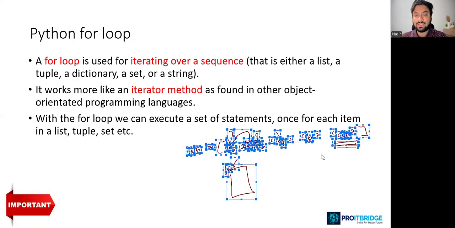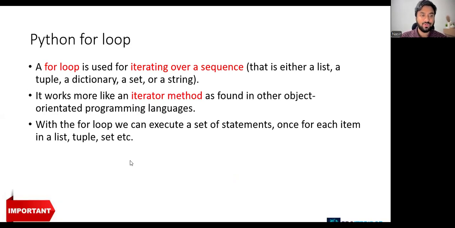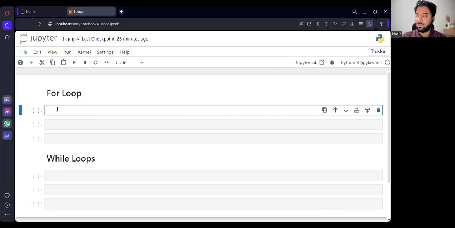Okay. So let's understand this by taking one simple example. Let me share my Jupyter notebook. Here, first we'll go with the for loop. Let's take a list. How do we declare a list? With the help of square brackets. So I'm going to take 10, 20, 30, 40.